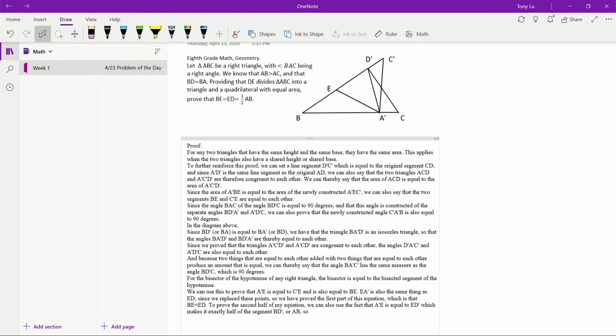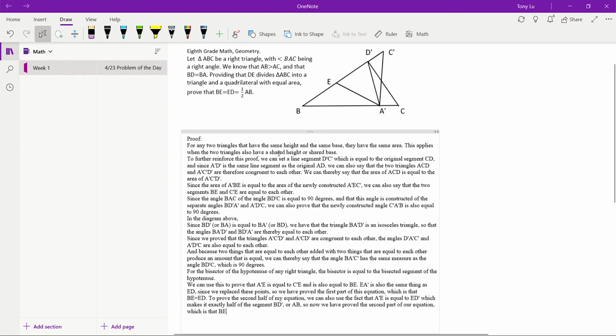So now we have proved the second part of our equation, which is that BE is also equal to half of AB.